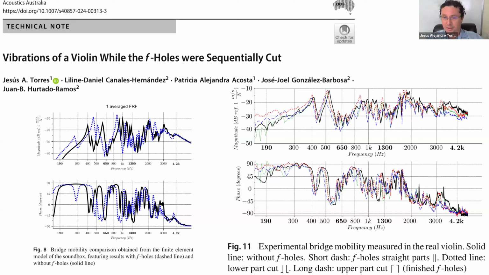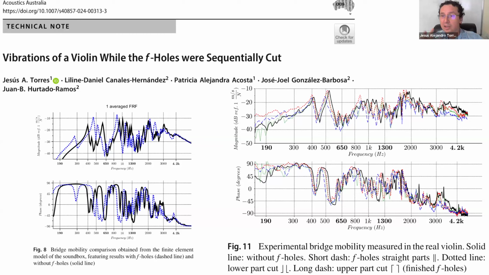As you can see in this text, solid line: without F-holes; short dash: F-holes, straight parts. We include these funny symbols to illustrate how the F-holes were cut. Dotted line: lower pad cut, like the shoes of the F-holes, and long dash: finished F-holes.